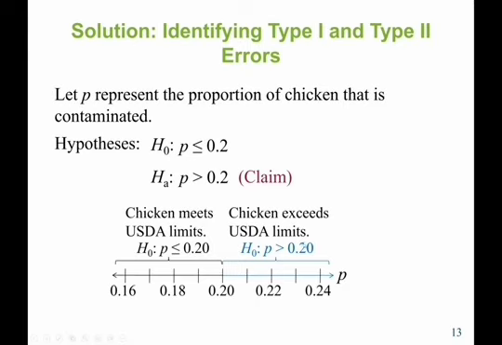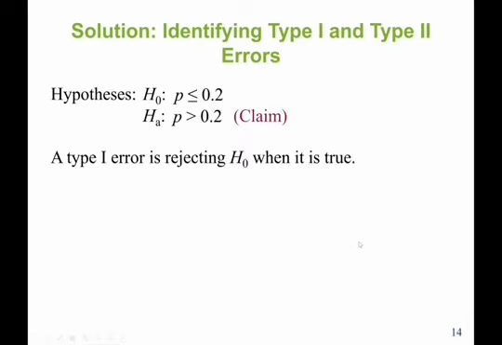If it exceeds the limit, p is greater than 0.20. So H0 is p less than or equal to 0.2, and HA is p greater than 0.2, which is the claim.